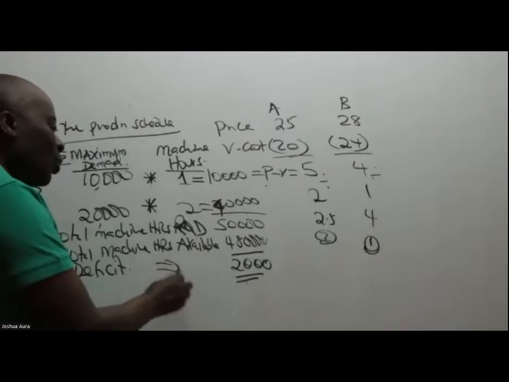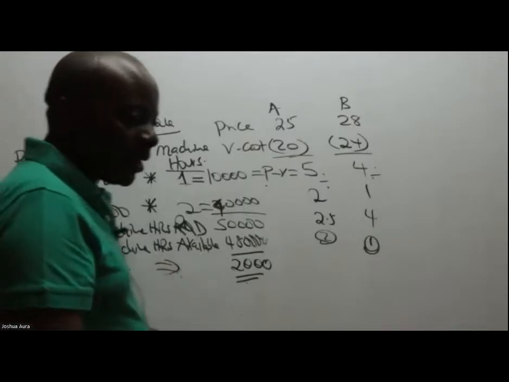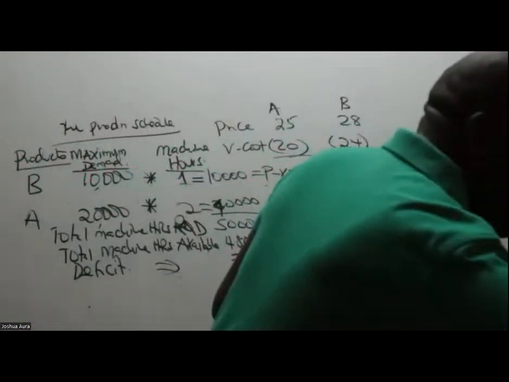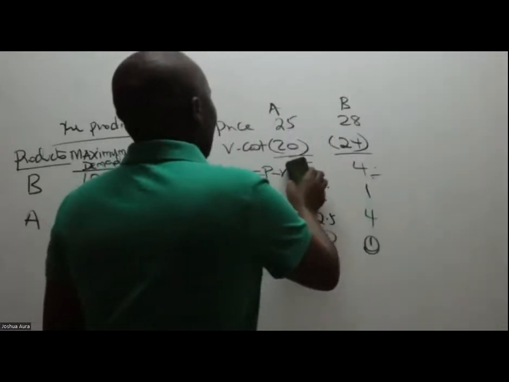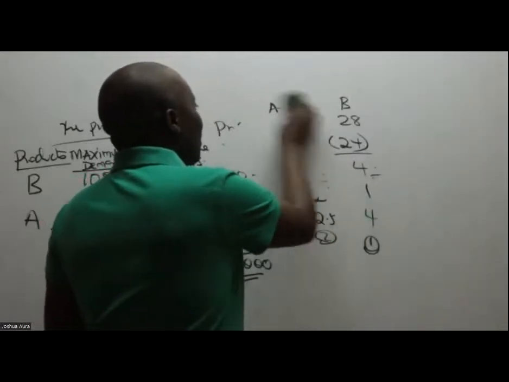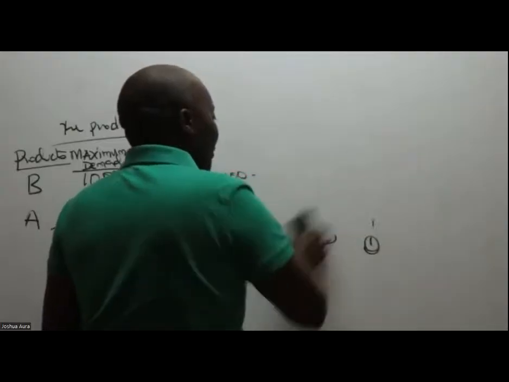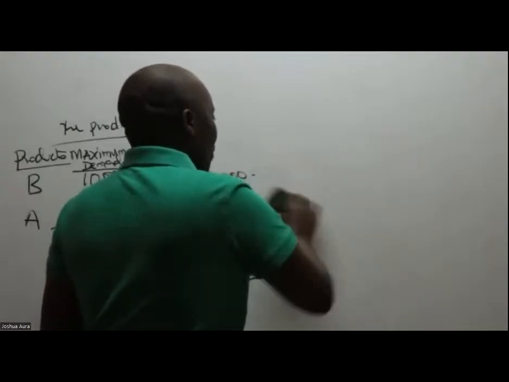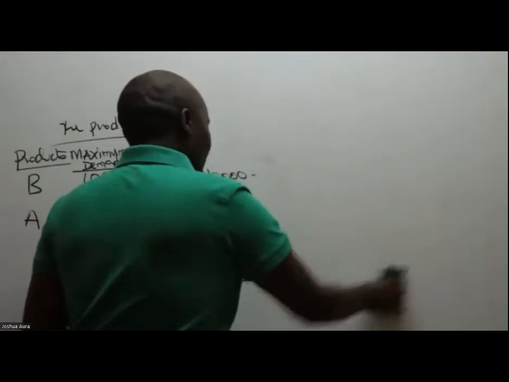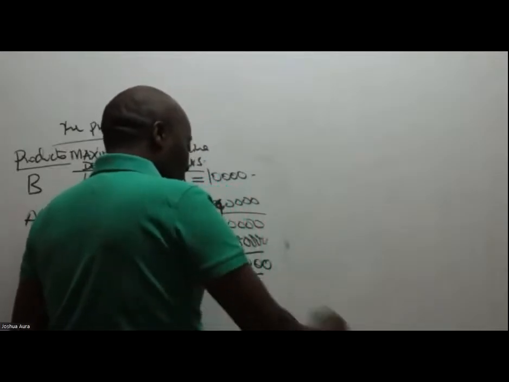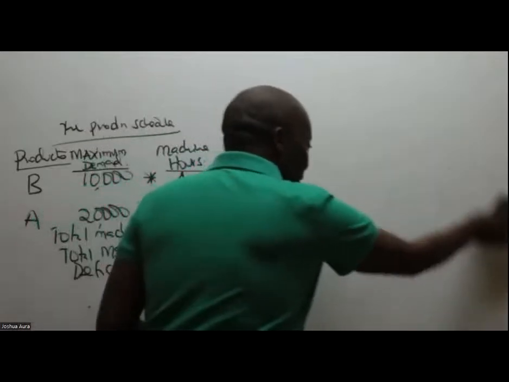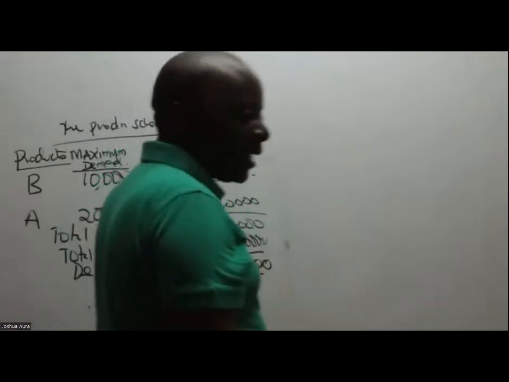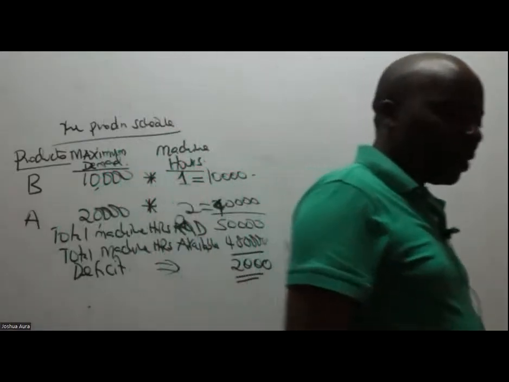So then what do we do with this deficit, ladies and gentlemen? Just like, for example, you are a man who has gone shopping with his kids. They take everything and dump it onto the trolley.